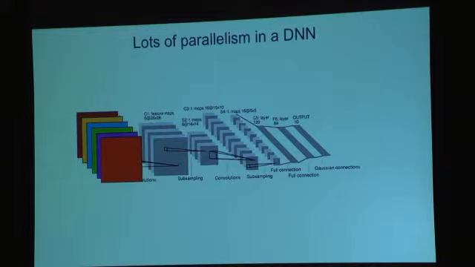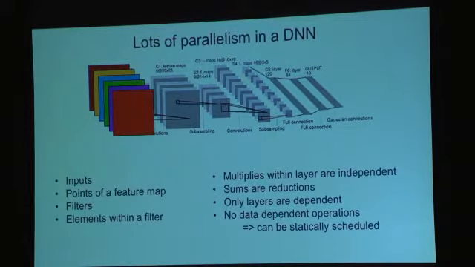We have many dimensions of parallelism here. We have parallelism over the input set. This is what's often called data parallelism. If I have a large training set, I can basically run different GPUs on different images in parallel, and I simply have to combine the weight updates at some point so that they learn from what each other has seen. Points in a feature map: I've got a large input image here.